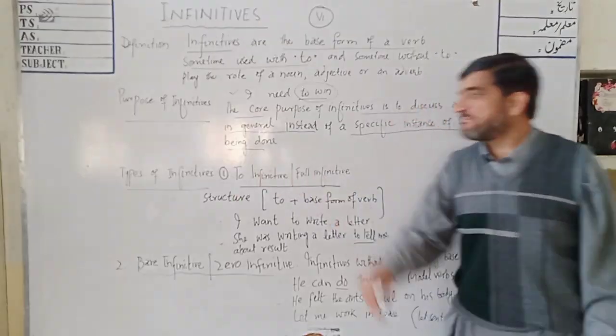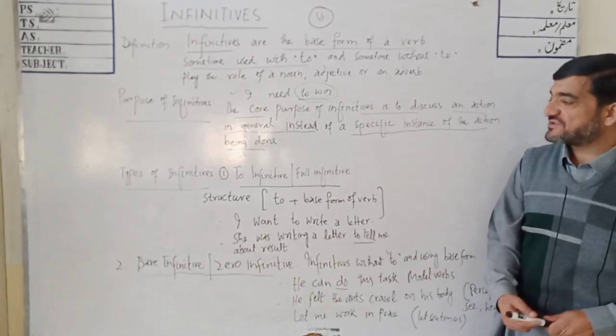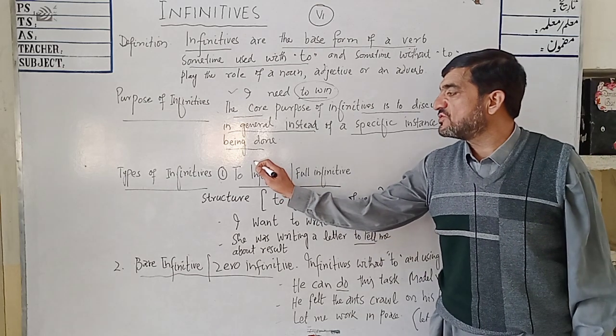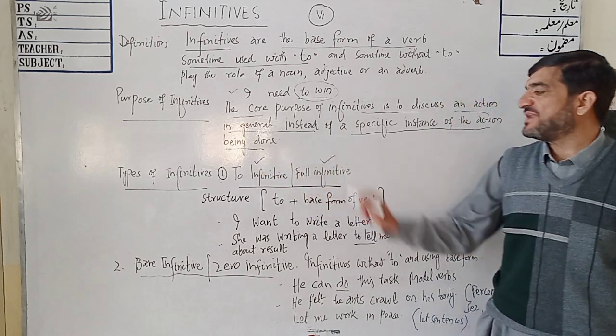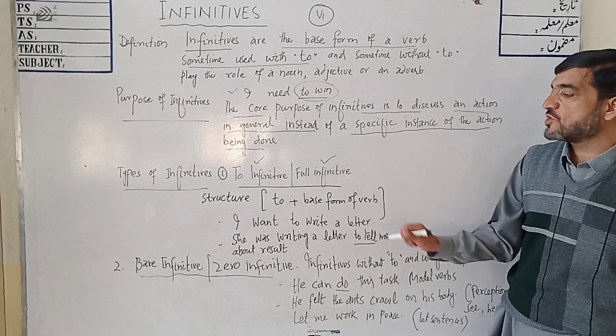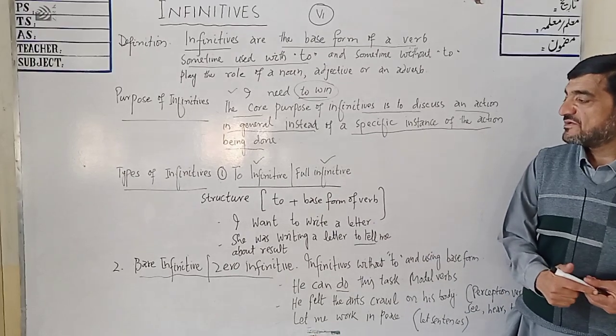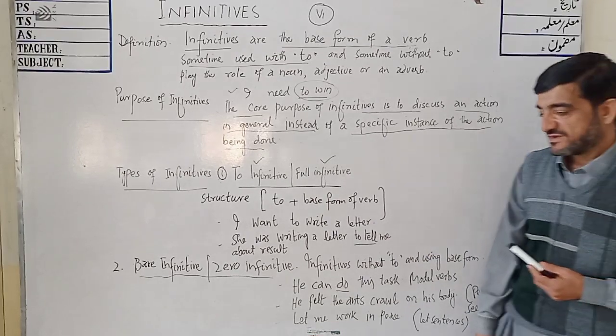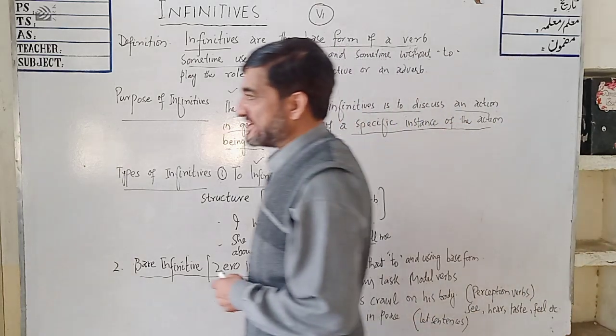There are two types of infinitives. The first one is called to infinitives, and to infinitives is also known as full infinitives. Dear students, try to understand.